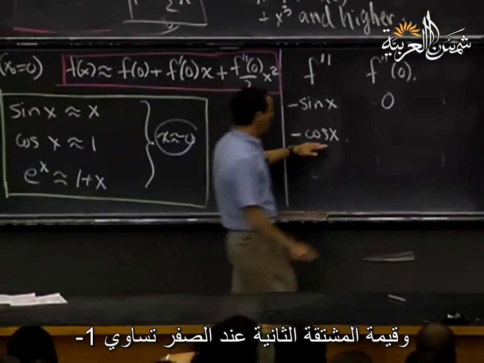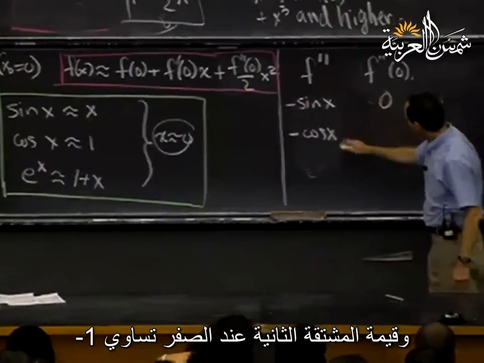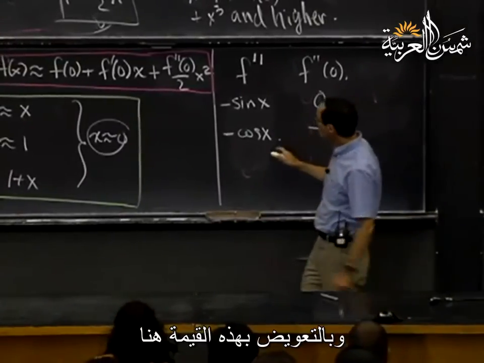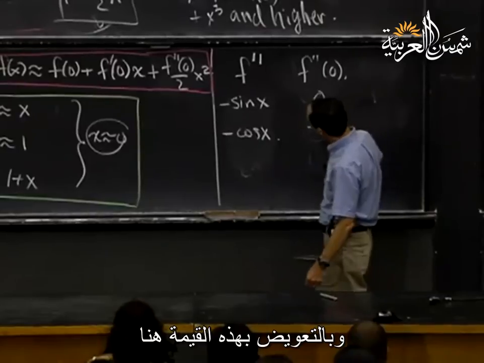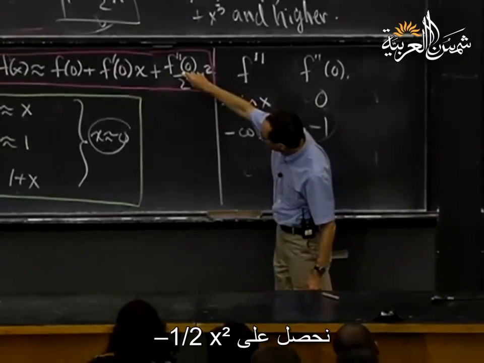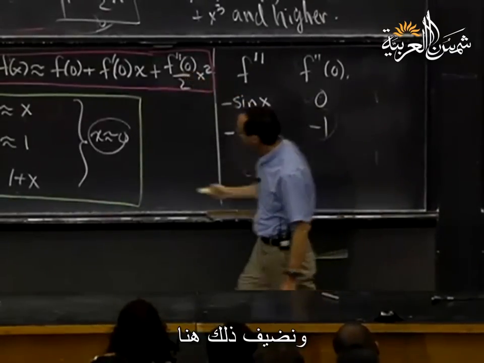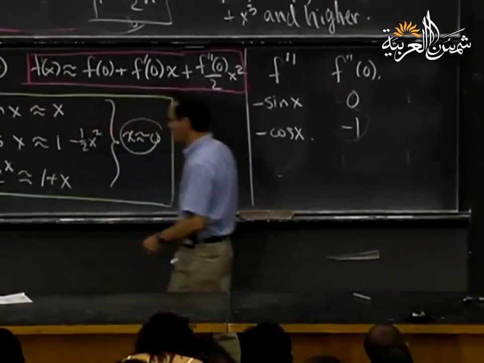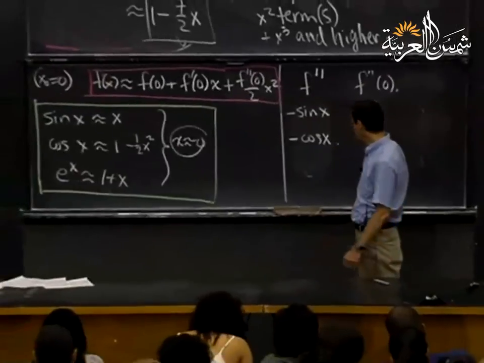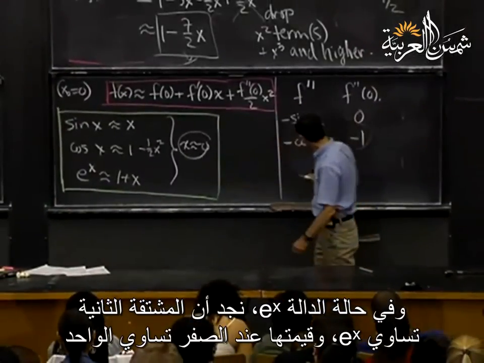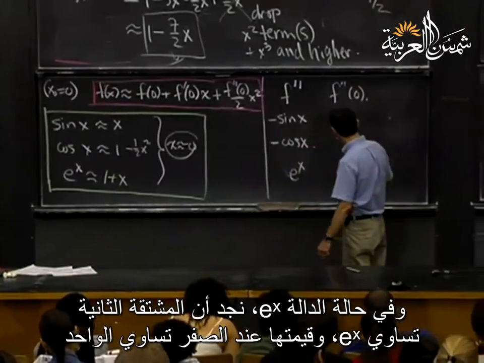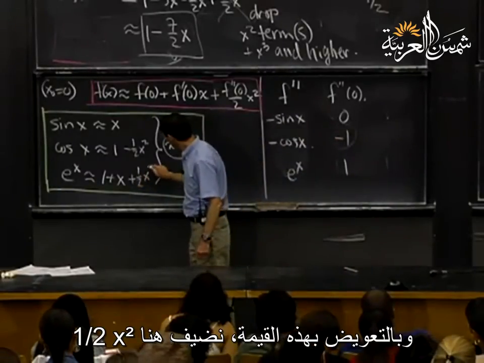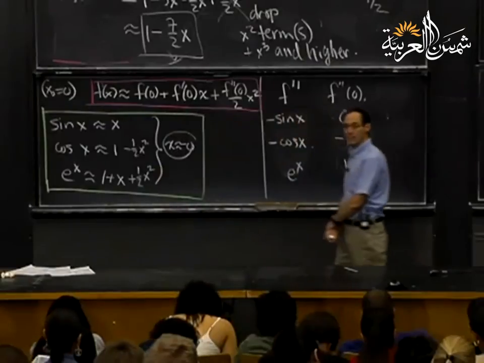And now, if I evaluate that at 0, I get negative 1. And so the term that I have to plug in here, this negative 1, is the coefficient that appears right here. So I need a minus a half x squared extra. All right? And if you do it for e to the x, you get an e to the x, and you get a 1. And so you get a plus a half x squared here. All right?